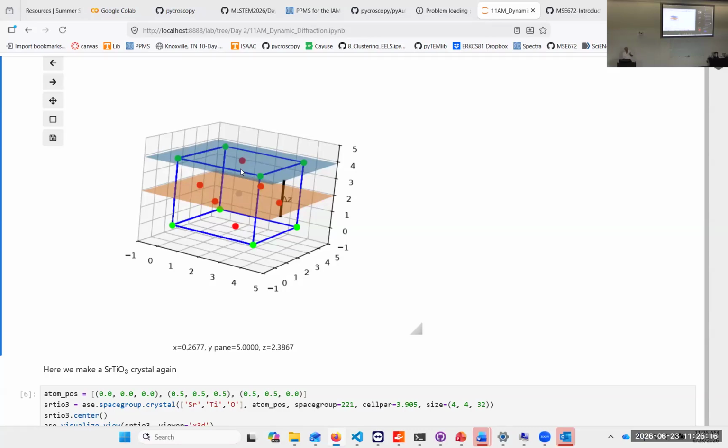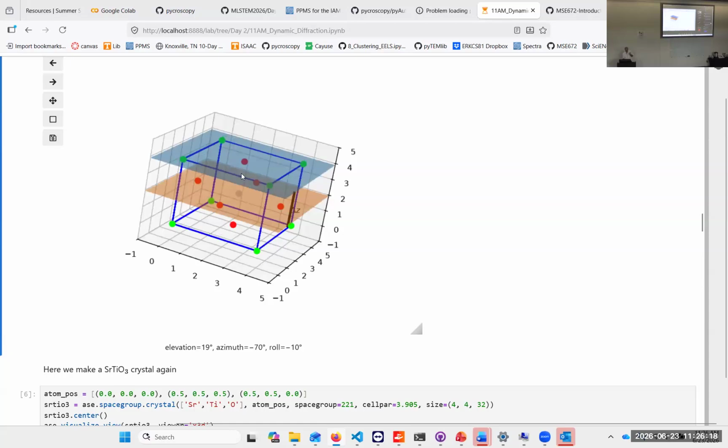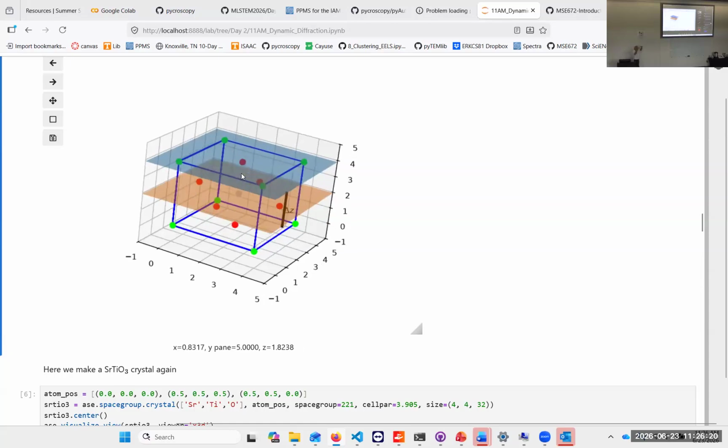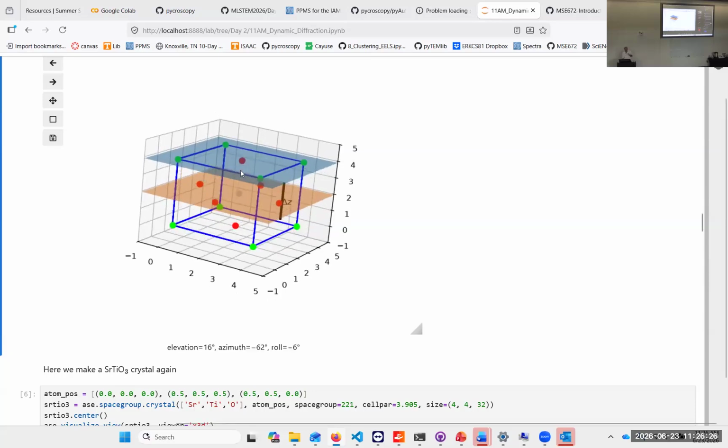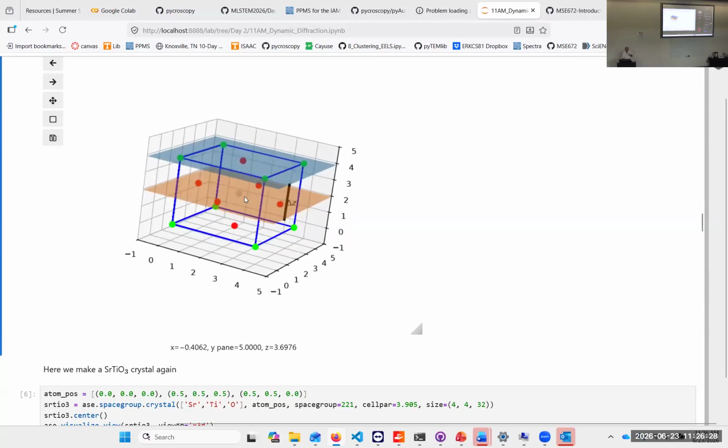We hit the sample with our electrons at the first layer, and it scatters. That's what we did in our first lecture, right? We did the Ewald sphere, and so on.